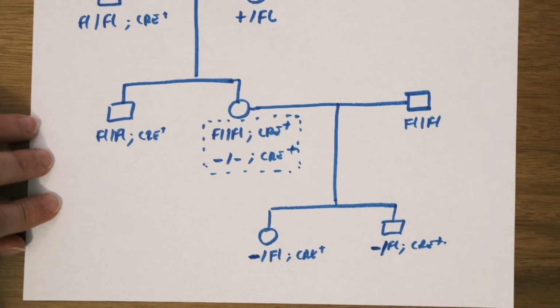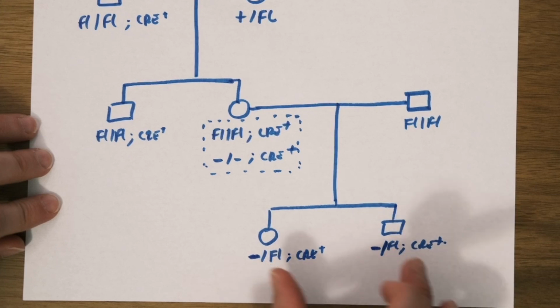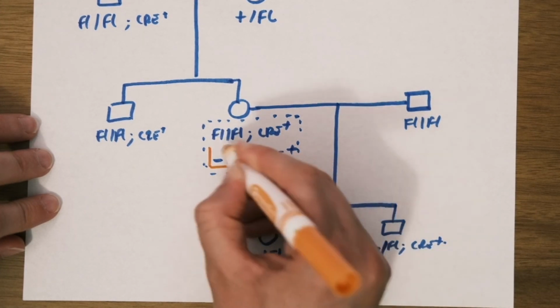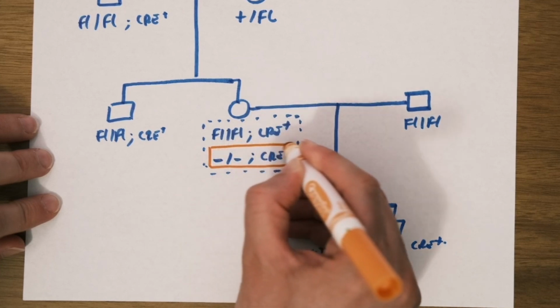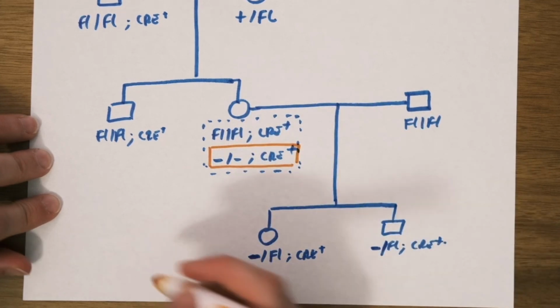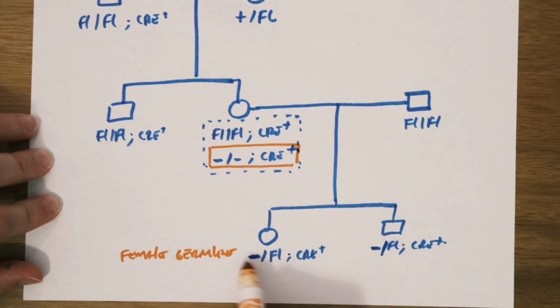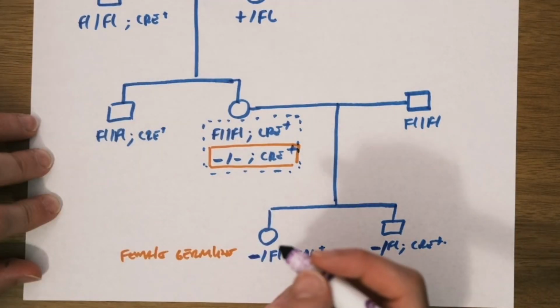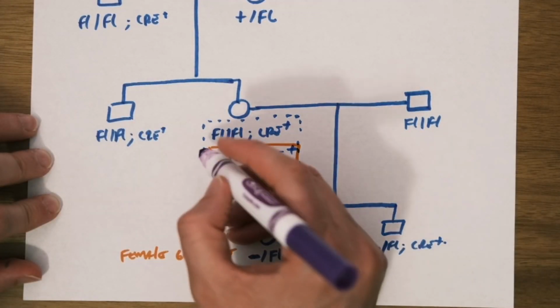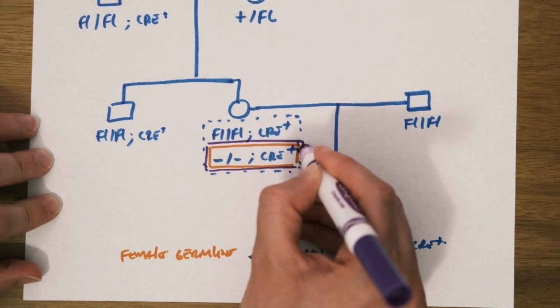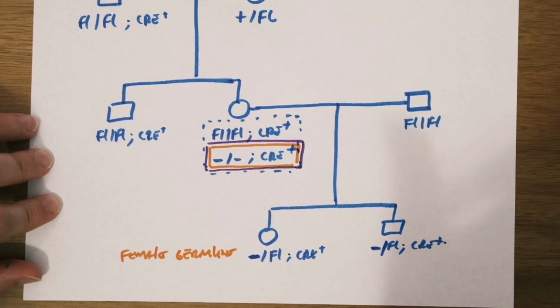So note that the genotype of the progeny will depend on where the Cre is expressed. For example, if we have the Cre expressed in the female germline, as we had been assuming here, we will have the conversion of these alleles. And note that none of this would be a problem if we have the Cre expressed, for example, in somatic tissue. So imagine that this is expressed in somatic tissue and this conversion only occurs outside the germline.